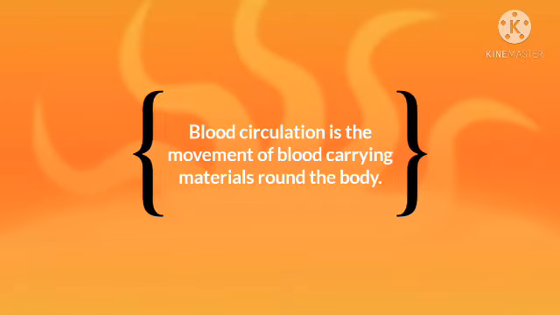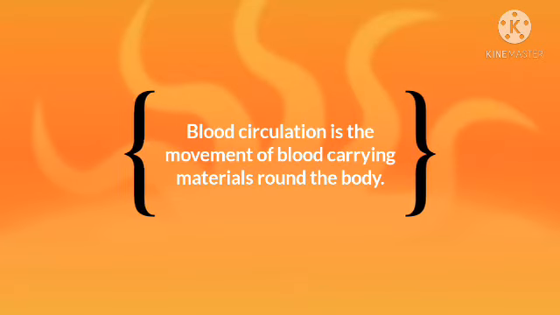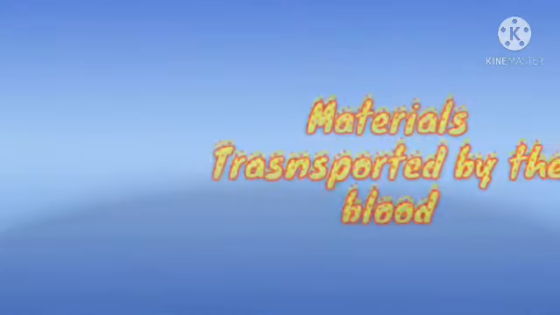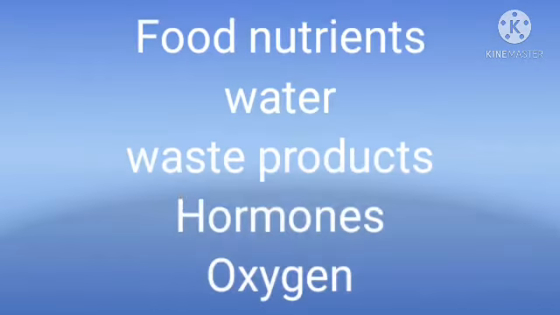Blood circulation is the movement of blood carrying materials around the body. Materials transported by the blood include food nutrients, water, waste products, hormones, and oxygen.